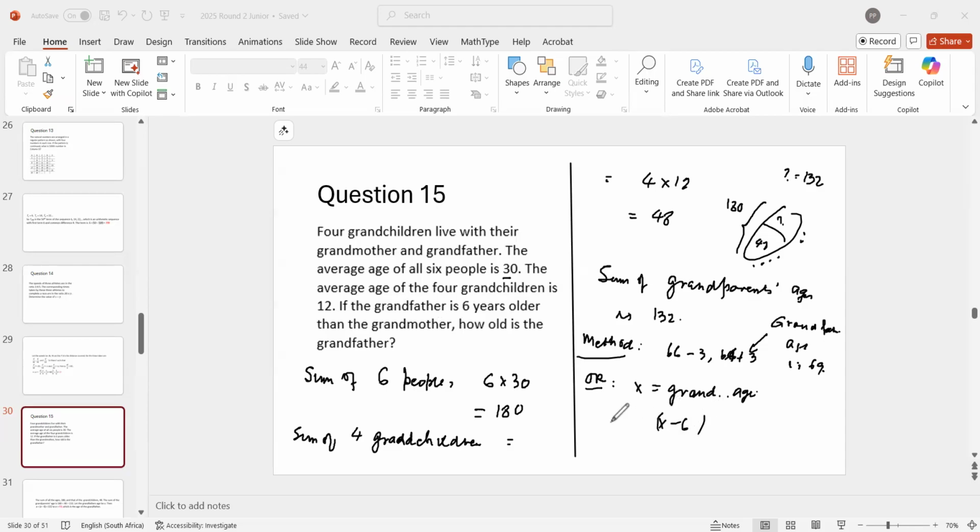And the sum of these 2 ages, grandfather plus the grandmother, who is 6 years younger, we know is 132. We've just said that the sum of the grandparents' ages is 132. So you get 2x is equal to 132 plus 6. Take the 6 to the other side, and you get 138. So 2x is 138, and therefore x is 69.